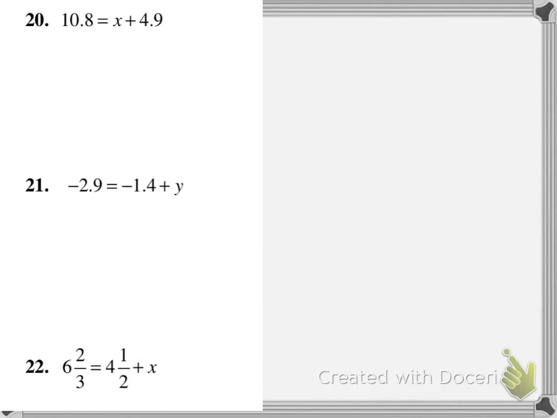So now let's look at these. We've got some with fractions, we've got some with decimals. So let's do one of these problems with decimals. I'm going to do this middle one. So here is my equal sign. We want to get y by itself, so I have a minus 1.4, or negative 1.4. So I'm going to have to add 1.4 to both sides.